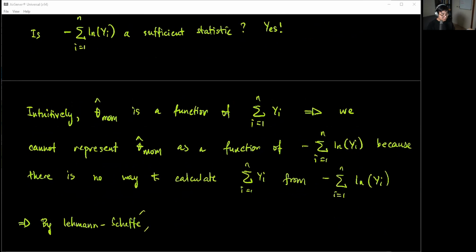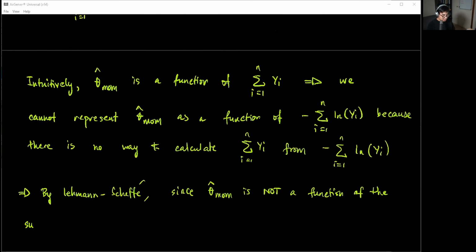It must be the case that since theta hat is not a function of the sufficient statistic, it cannot be the best unbiased estimator.